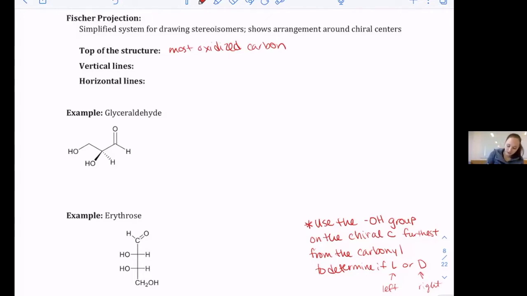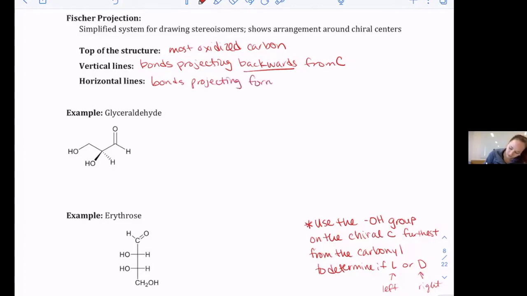Vertical lines are bonds projecting backwards from the carbon. And then the horizontal lines are bonds projecting forward from the carbon.